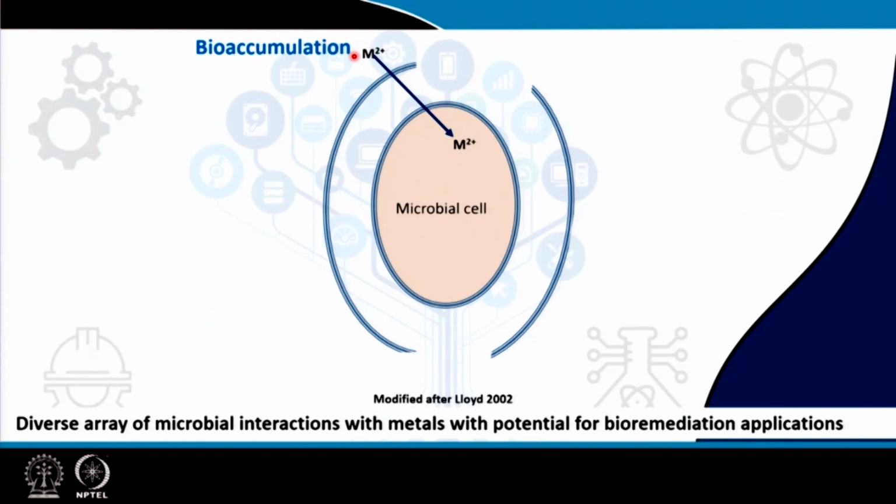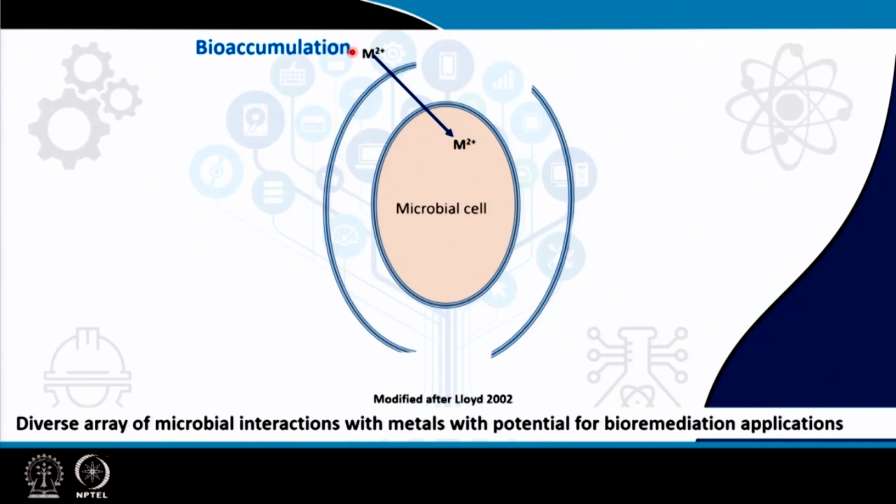So, microbes will be utilizing different detoxification strategies obviously, but before deploying the detoxification strategies, the microbes will accumulate metal. It is not that all microbes will accumulate all metals, of course, but many microbes are capable of accumulating the metals, particularly up to certain concentration levels, the divalent cations and even arsenate and chromate are accumulated inside the cell.